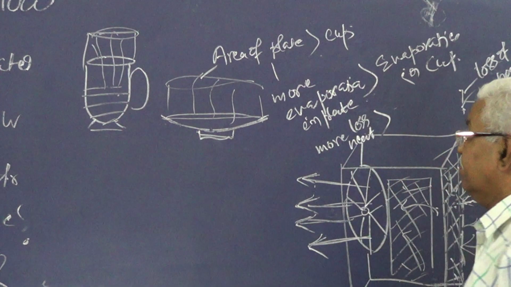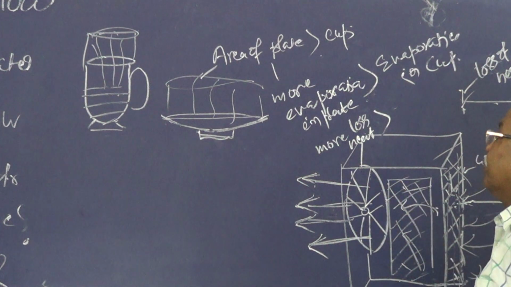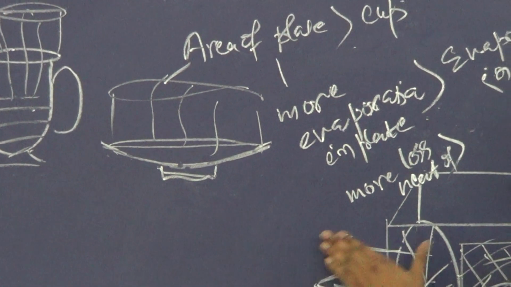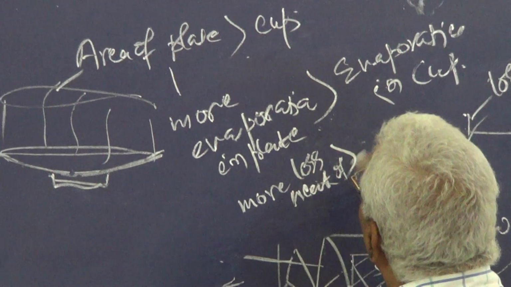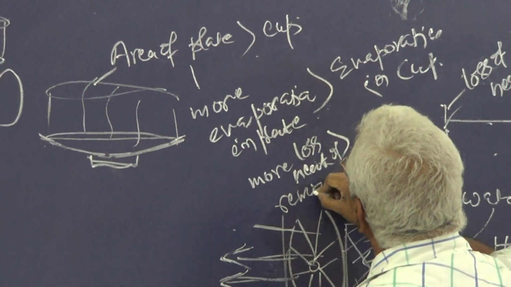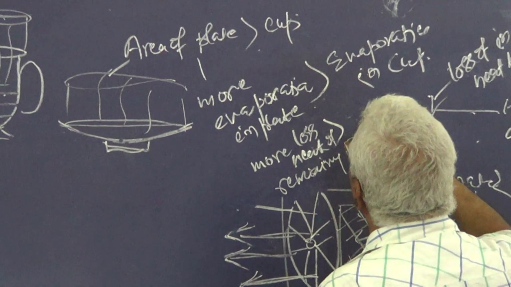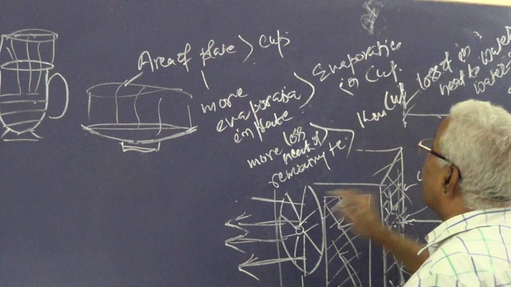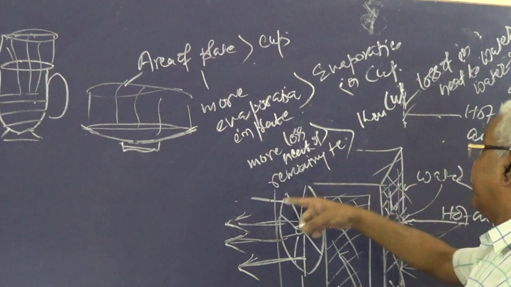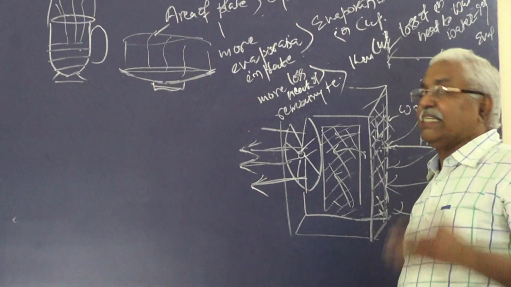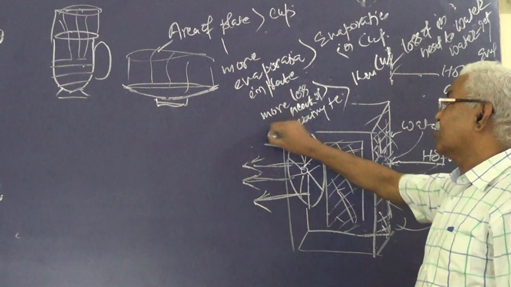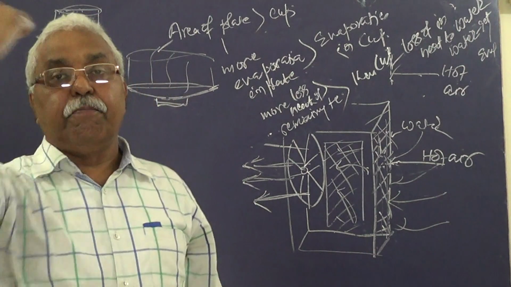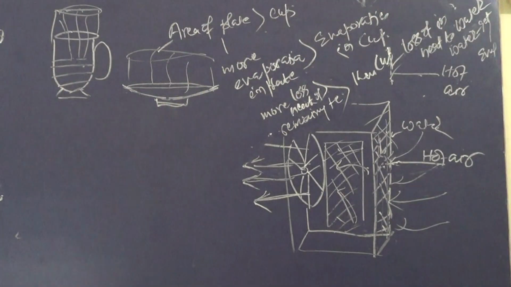More evaporation means more loss of heat from the remaining tea than in the cup. So the remaining tea will become cooler because more heat has been lost. Therefore, it is cooler than this. Your answer will be based on this. Next question.